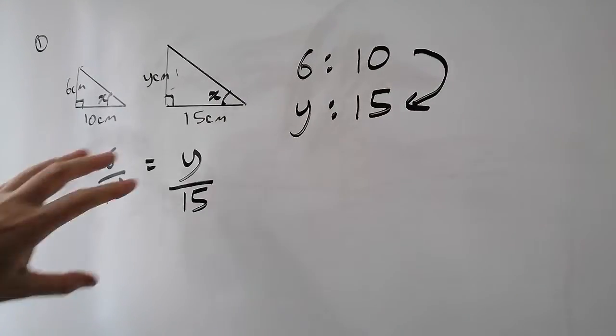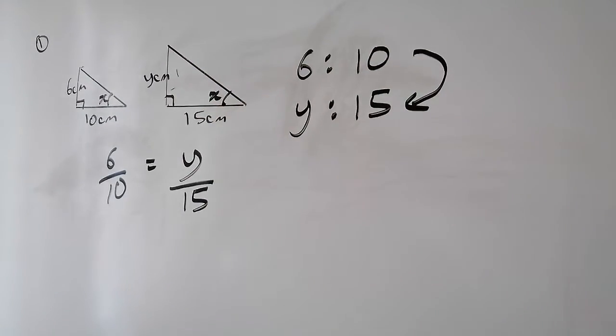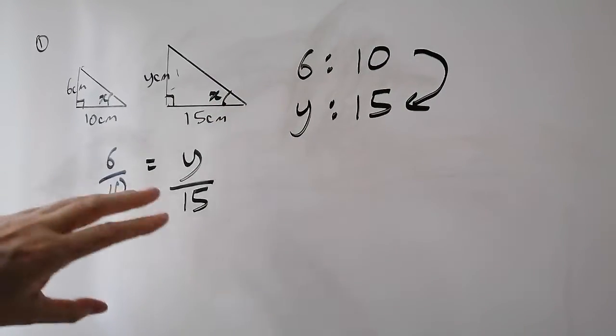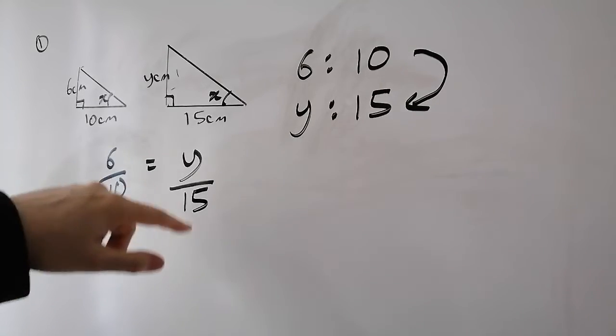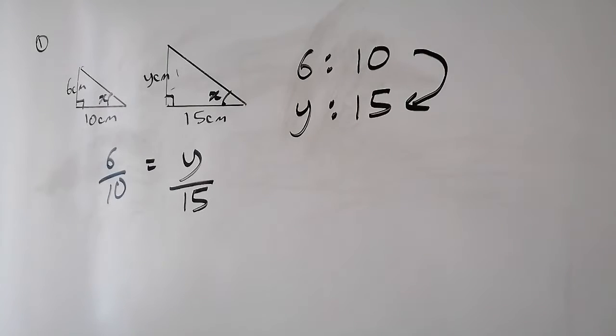We can use either the fractional method or this method. From the fractional method, it's a little bit easier to see that we're dealing with equivalent fractions. If you're not sure about equivalent fractions, go to the equivalent fractions video and have a little revision of that. Let's do it the fractional way first then.